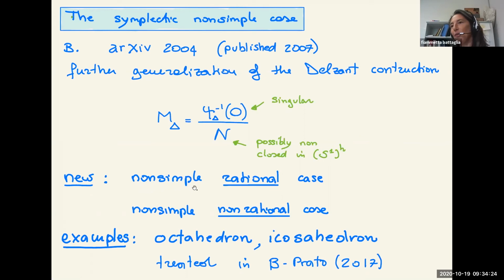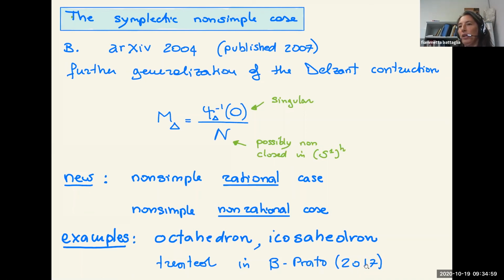It was, and it is also interesting to look at the rational case for non-simple polytopes, I mean, for any kind of polytopes, but in particular for non-simple ones in this singular situation. So examples, as Elisa already mentioned, are the octahedron and the icosahedron that were treated in this joint paper in 2017.